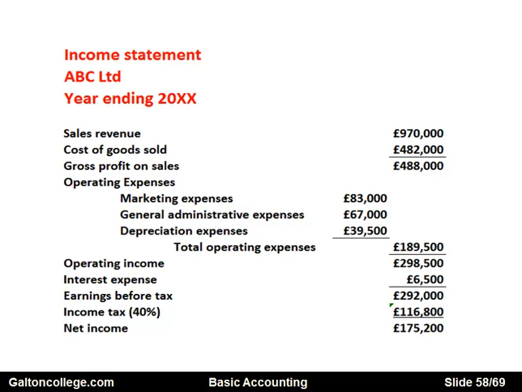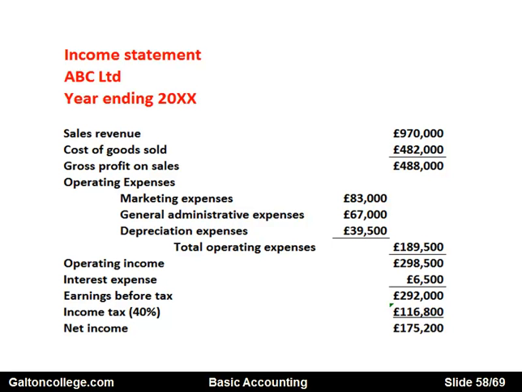Sales revenue, the cost of goods sold, and the gross profit. So if we look at the sales revenue, what it received from its sales was £970,000. The goods it sold were a value of 482,000, so the gross profit was 488,000.